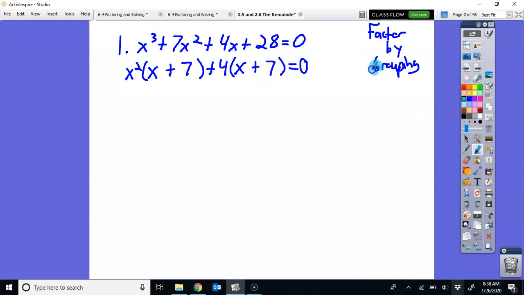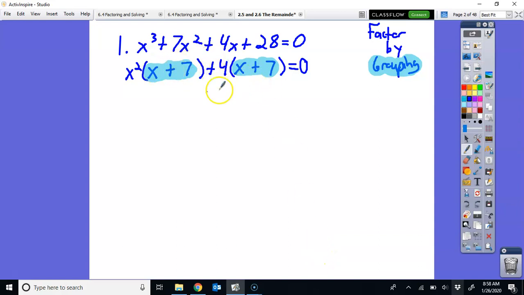When you are factoring by the grouping method, the thing that has to be the same is right here and right here. Your binomial factors inside the parentheses have to be the same for factoring by grouping to work. If it is not, then you cannot use grouping. We will talk about those later in the chapter.